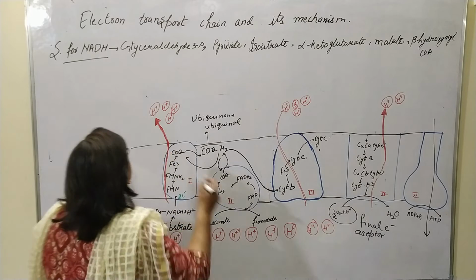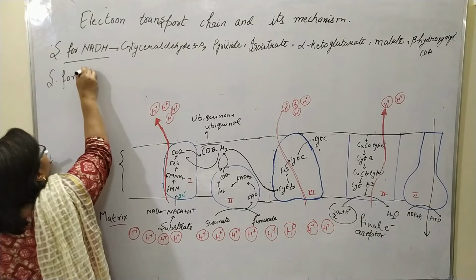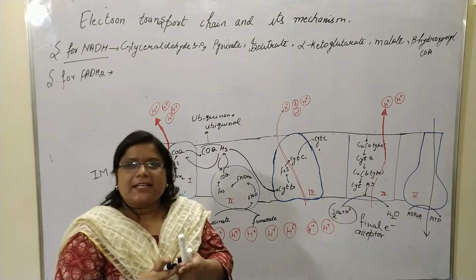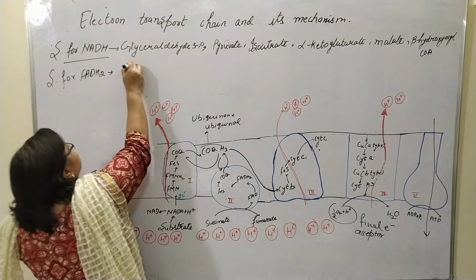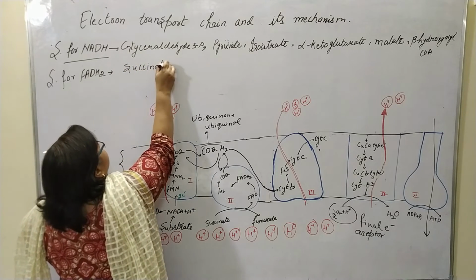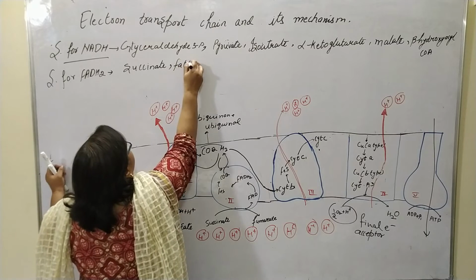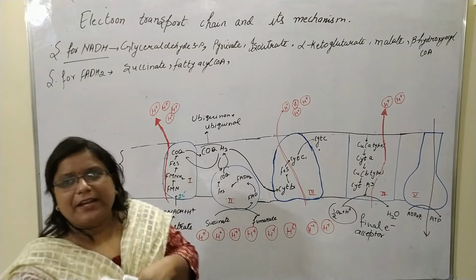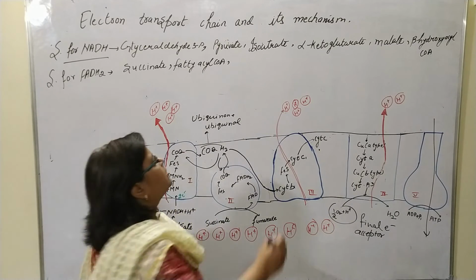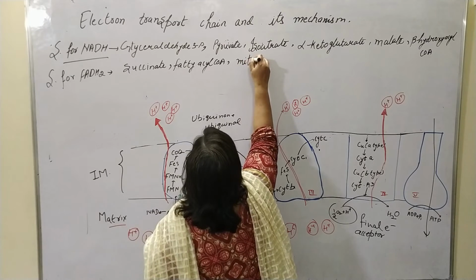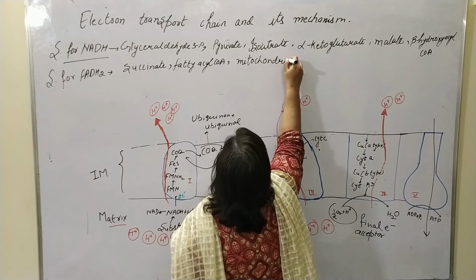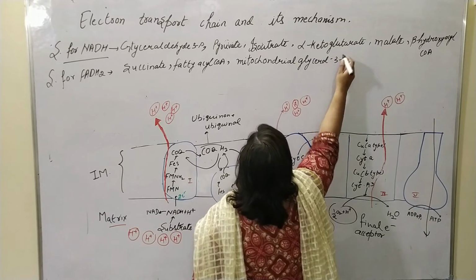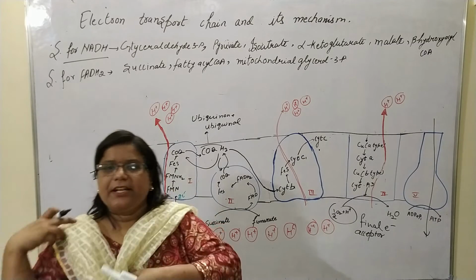And the substrates for FADH2 are succinate, fatty acyl coenzyme A, and mitochondrial glycerol 3-phosphate. So these are the substrates for NADH and FADH2.